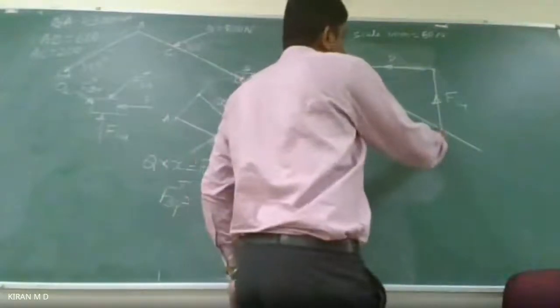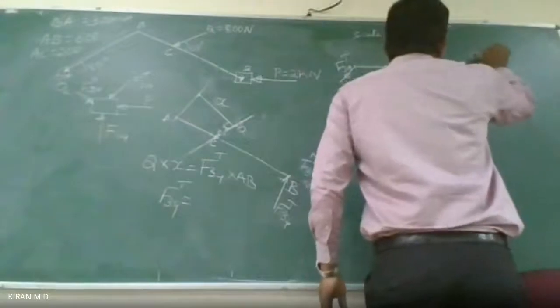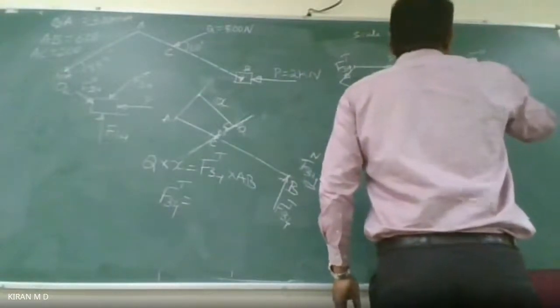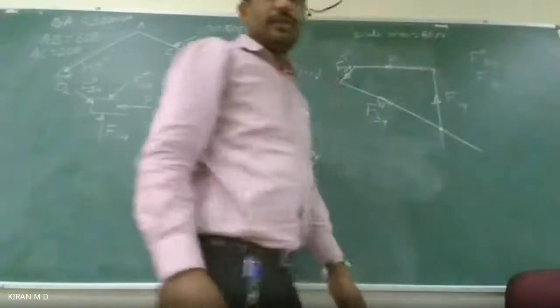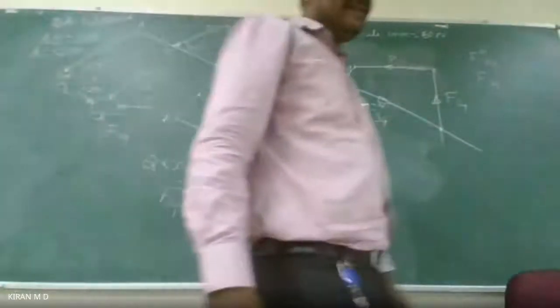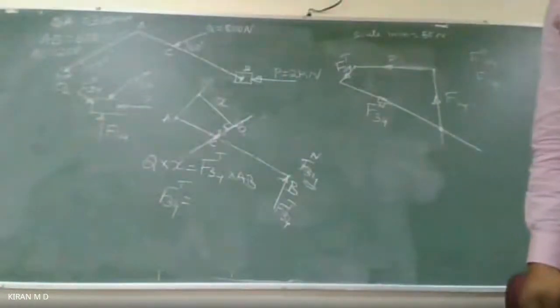Measure the length of these lines, so you are going to get Fn34 and F14. Is it clear? So how did you draw F34?